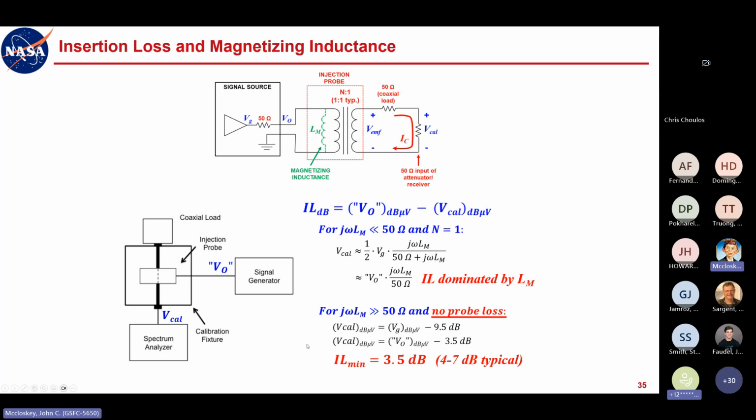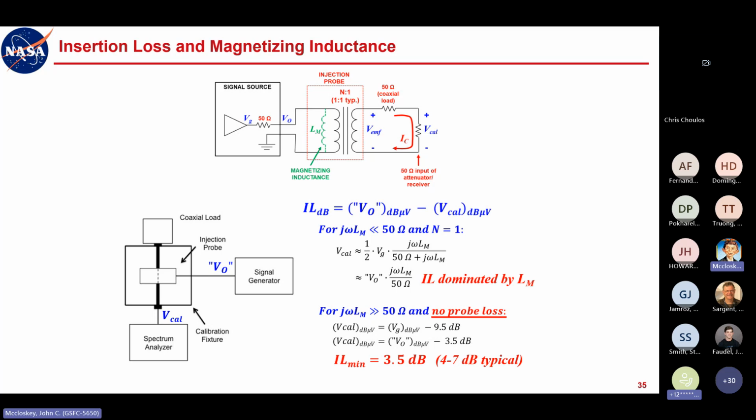It's just an artifact of the way they define how you make this measurement. Even if there's no physical loss in the injection probe, the best you can get is 3.5 dB. And so 4 to 7 dB is typical for these injection probes. Okay, everybody clear on this?